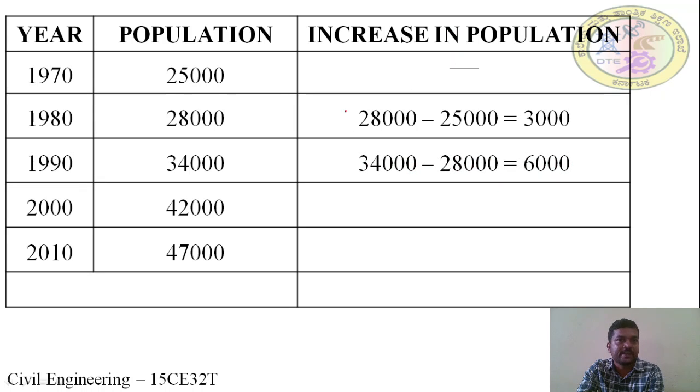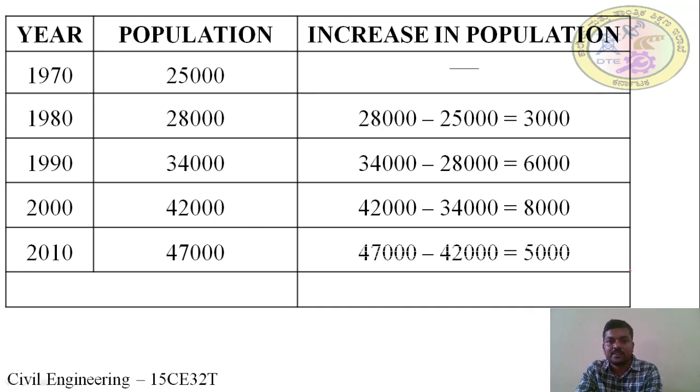In the same way, the increase in population for the year 2000 is the population for 2000 minus the population for 1990, equal to 8,000. The increase in population for 2010 is the population in 2010 minus the population in 2000, equal to 5,000.